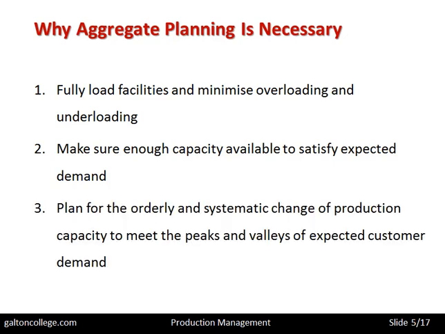Plan for the orderly and systematic change of production capacity to meet the peaks and valleys of expected customer demand. I think it's reasonable to say that customer demand may not be consistent or flat-lined. It may have ups and downs. It may have peaks when there's a lot of demand and troughs when there's very little.